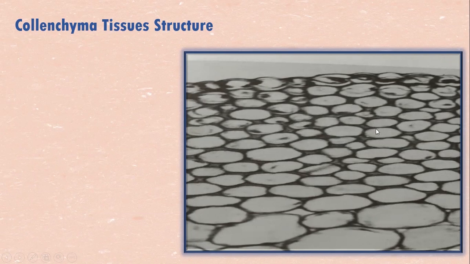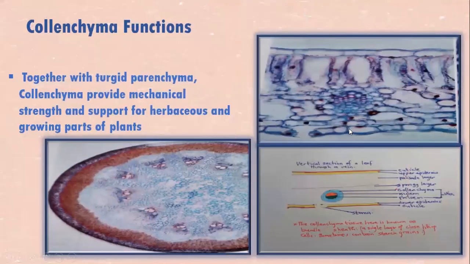Collenchyma. Good. Now, where are collenchyma tissues found? As we have said, together with turgid parenchyma, they give strength and support to tissues. So collenchyma is found in growing plants very close to the epidermis, right beneath the epidermis.